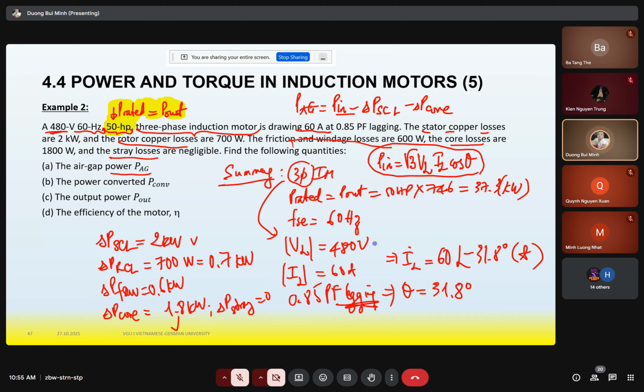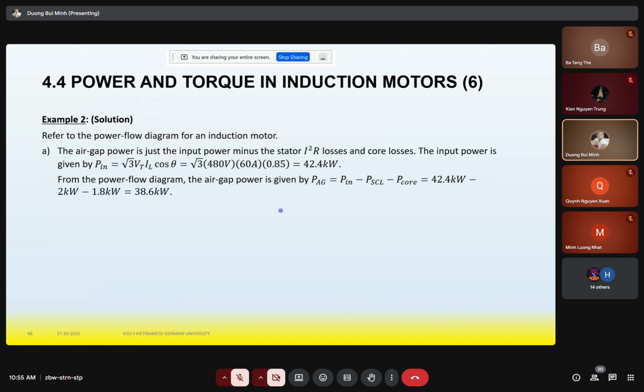Do we have VL? Yes. IL? Yes. Cosine theta? 0.85. So square root of 3, VL is 480 volts, IL is 60 ampere, cosine theta is 0.85. You get 42.4 kilowatts.